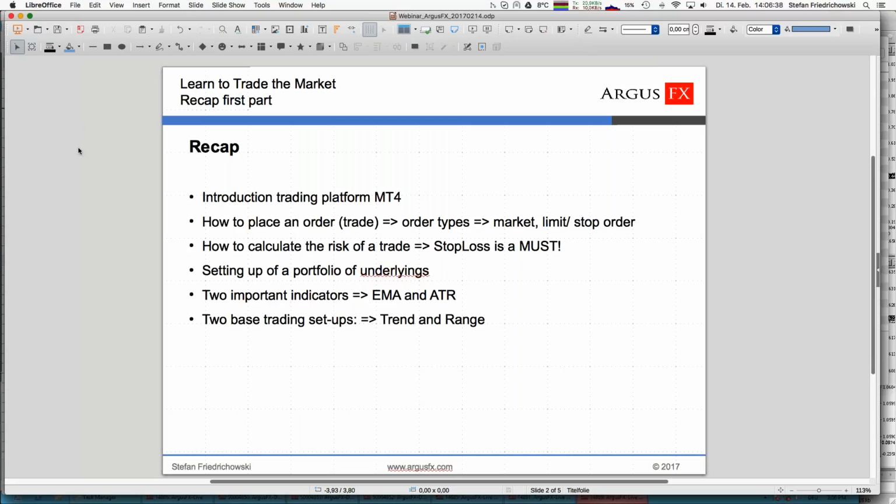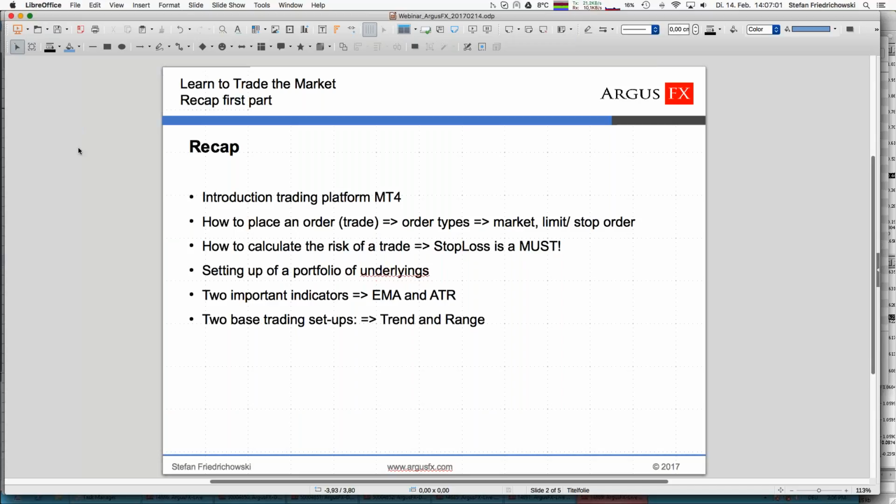That means immediately that we only trade with a stop loss, and I cannot repeat that sentence enough. We need stop losses, and that is a must, and therefore it's in capital letters here once again.